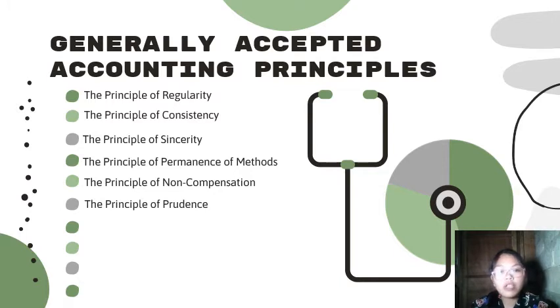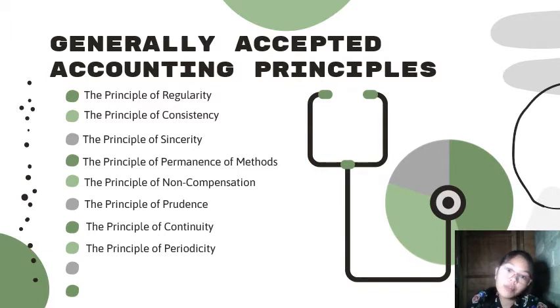The principle of prudence, the commitment to using fact-based financial data representation without speculation. The principle of continuity, the commitment to operating a business while simultaneously valuing assets. The principle of periodicity, the reporting of revenue during the appropriate accounting period.